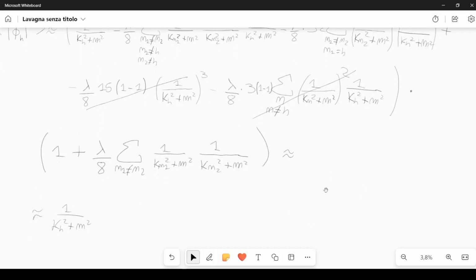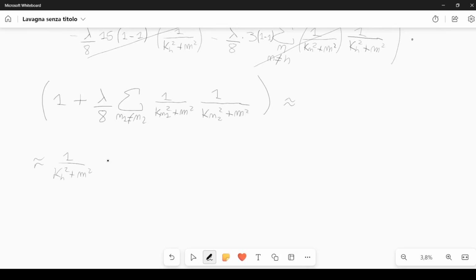So let me write it. We have plus lambda over 8 summation over n1 not equal to n2, 1 over k n1 squared plus m squared times 1 over k n2 squared plus m squared, and then we multiply by 1 over k h squared plus m squared.